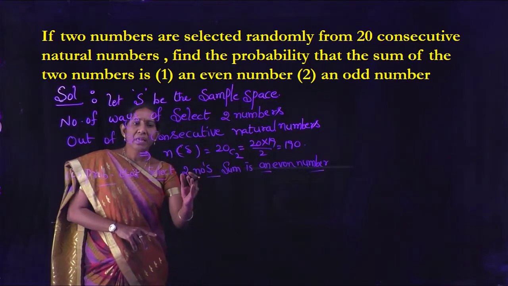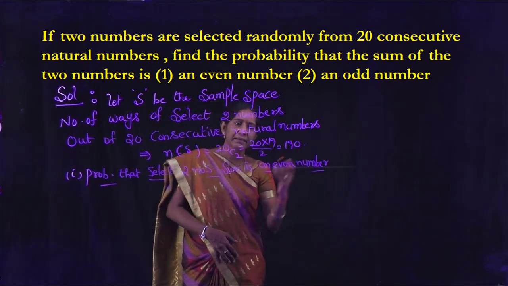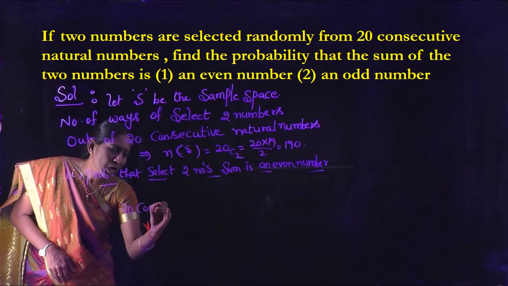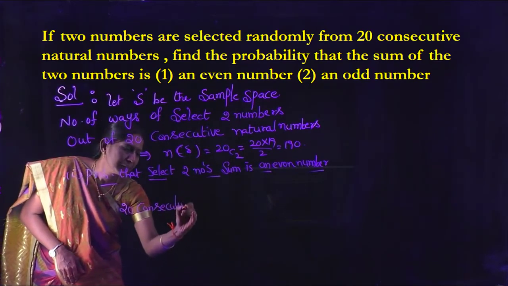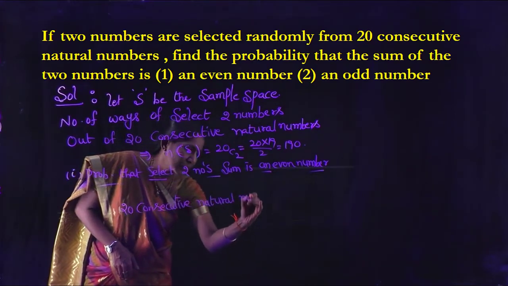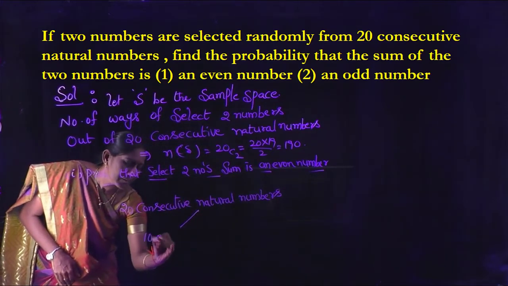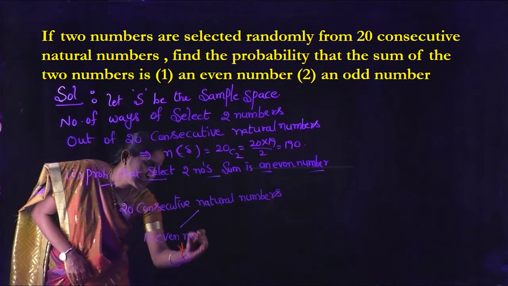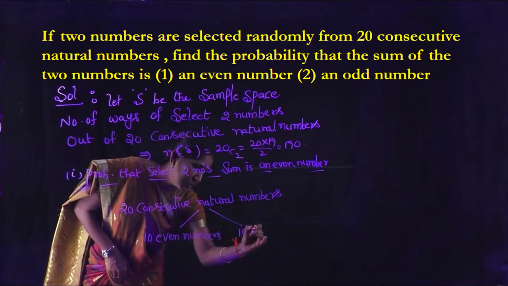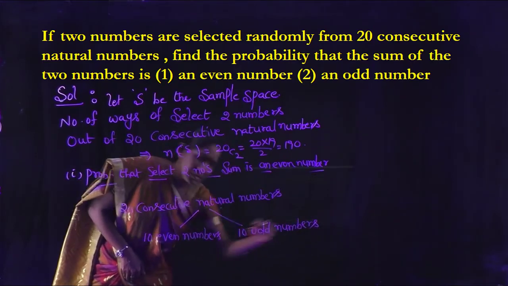Out of 20 consecutive natural numbers, there are 10 even numbers and 10 odd numbers.